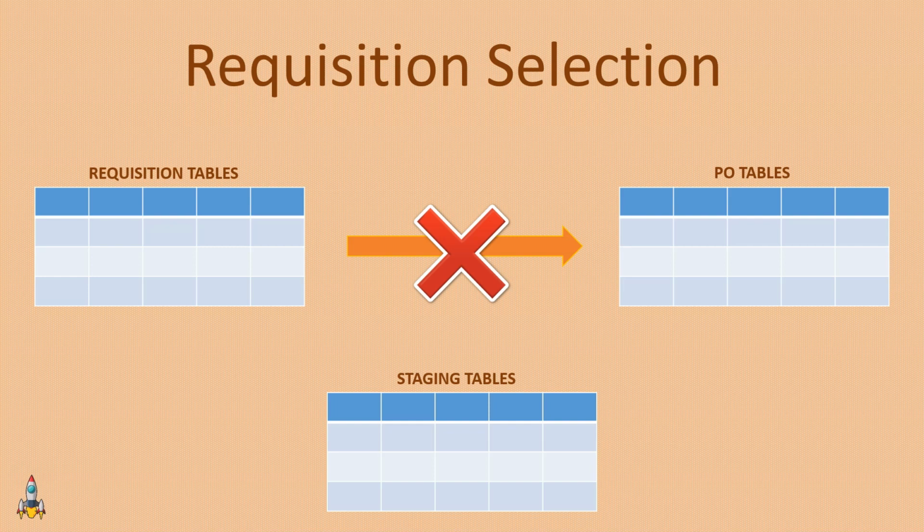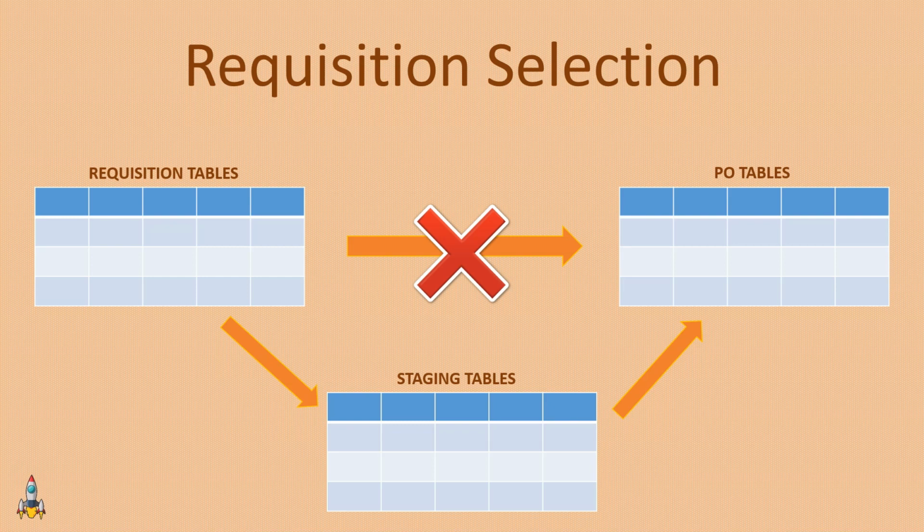So the purpose of the requisition selection process is to select the requisition and put its data into PO staging tables, so that the system can use this data in staging tables to perform data transformation or to clean the data. And once everything is right, that means once there is no error against the transaction, then using the PO staging tables, the system populates the main PO tables. And this is when we see that a PO has been created for our requisition.